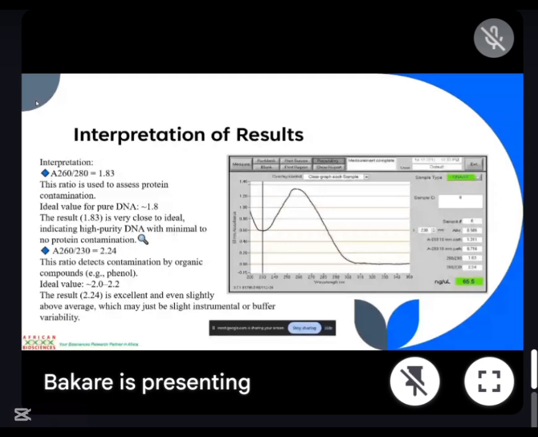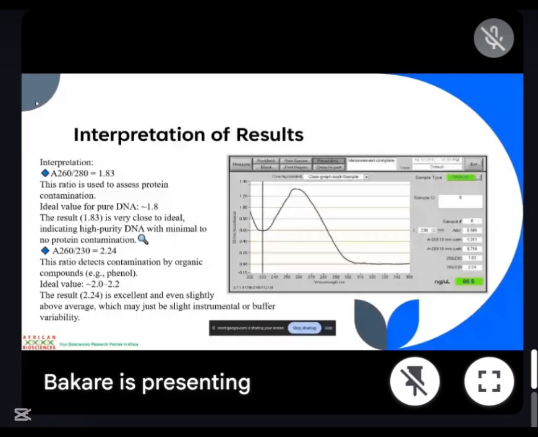Before you take your DNA sample, say we finished extracting sample 751, and then we move to the station where our NanoDrop is. Before I take 2 microliters of my DNA sample, you must vortex.